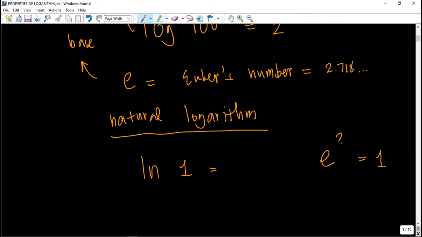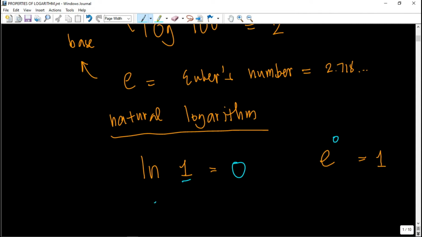We all know that if you raise a certain number, wherein the number is not equal to 0, to 0, that gives us 1. Raising e to 0 gives us 1. Therefore, ln 1 is 0, because 0 is the exponent that the base should be raised to in order to get this argument 1.